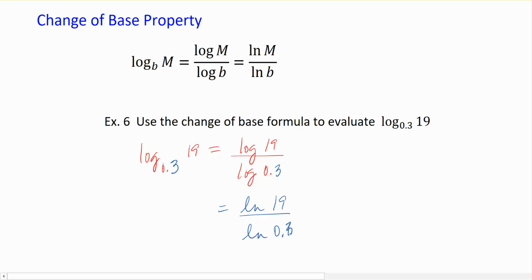Some of you, depending upon the operating system of your graphing calculator, may have this formula already built into it, and so this change of base kind of becomes a moot point if you're finding the approximate value of it.